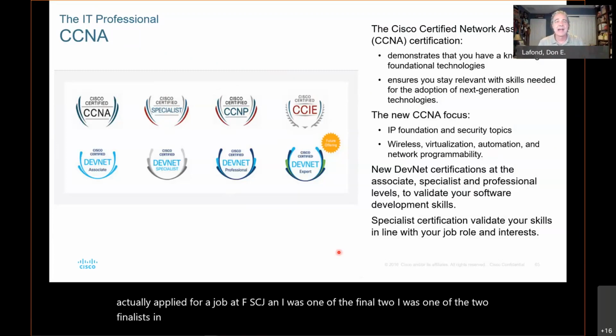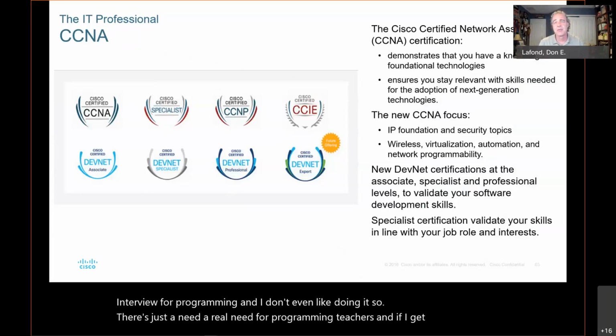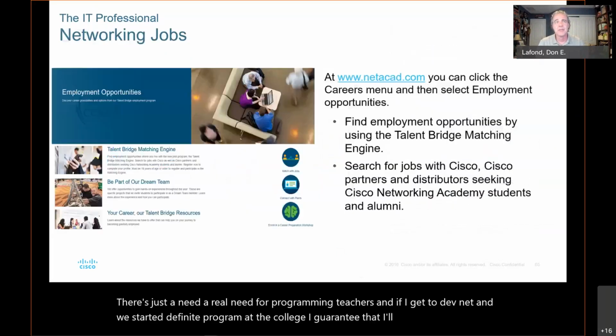They decided not to hire anybody in that position, but I made it all the way to the final interview for programming, and I don't even like doing it. So there's just a real need for programming teachers. And if I get to DevNet and we start a DevNet program at the college, I guarantee that I'll be teaching those courses as well.